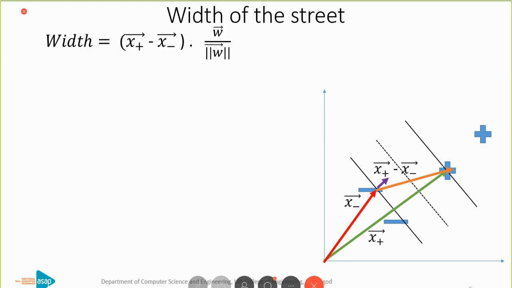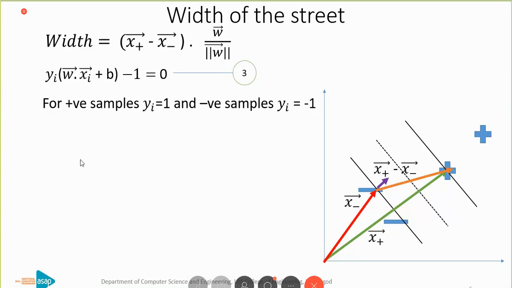So this is our constraint, right? Now you consider the positive sample cases. We already know that for positive samples, yi is equal to 1, and for negative samples, yi is equal to minus 1. So to get something out of this, I'm going to substitute yi equal to 1 for the positive samples and yi equal to minus 1 for the negative samples.